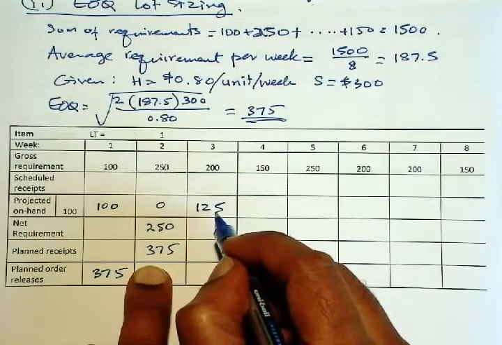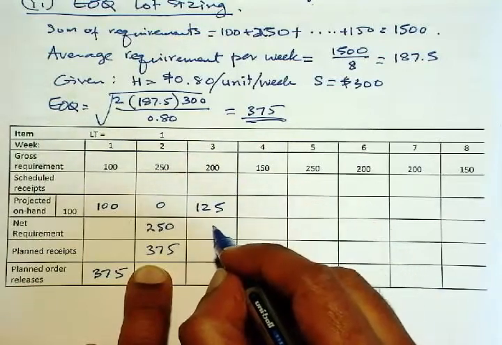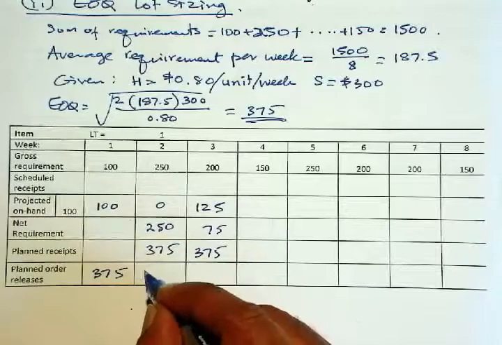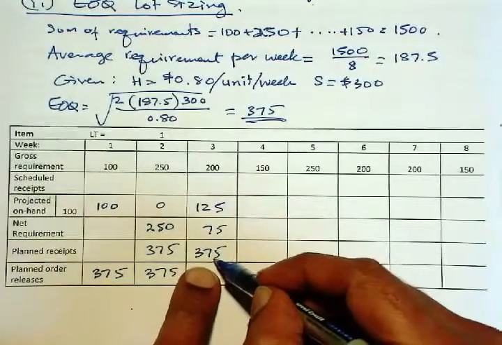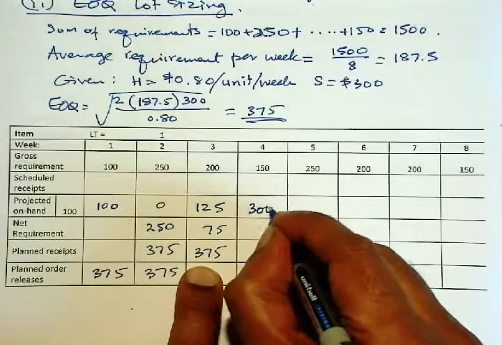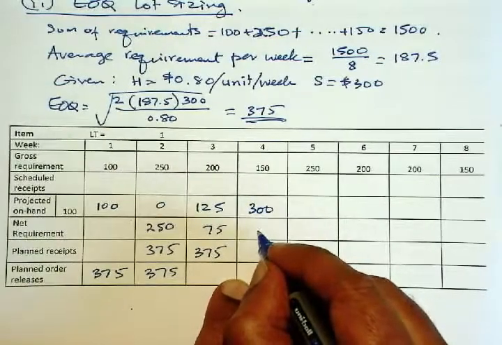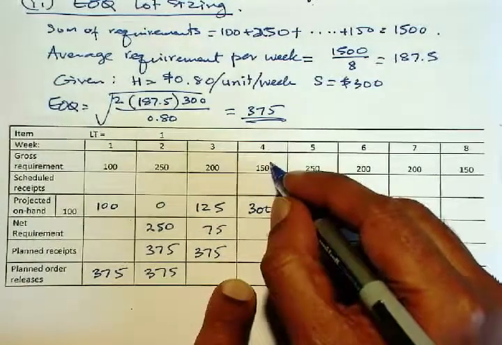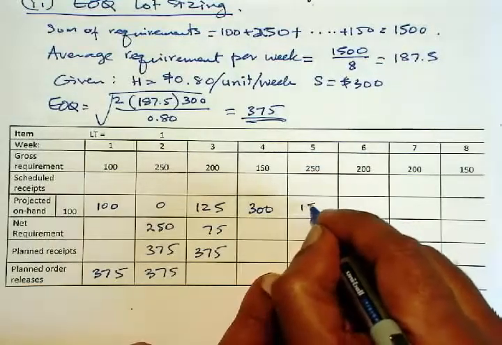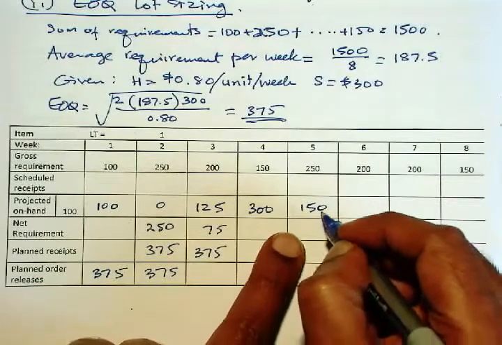Now we have a net requirement of 75. So once again we order 375. Now 375, take away the net requirement, we end up with 300. Okay. So 300 is sufficient for 150, so there is no net requirement. So we end up with 150 at the beginning of next week.